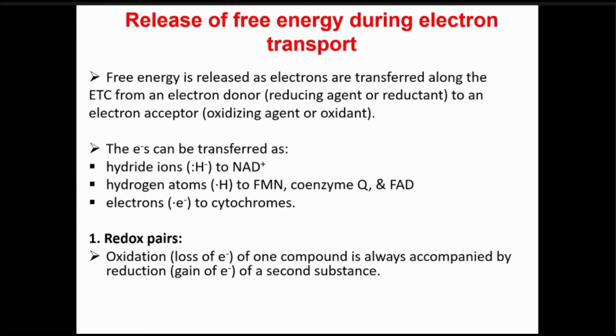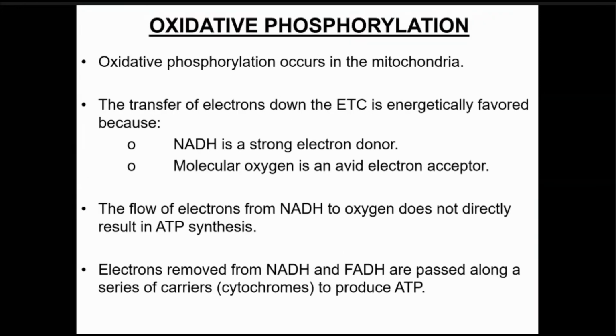If you want to understand the electron transport chain, you need to fix this in your mind: what is oxidation reduction and what is oxidant and reductant. So you have to go back to your chemistry course and make this very clear.